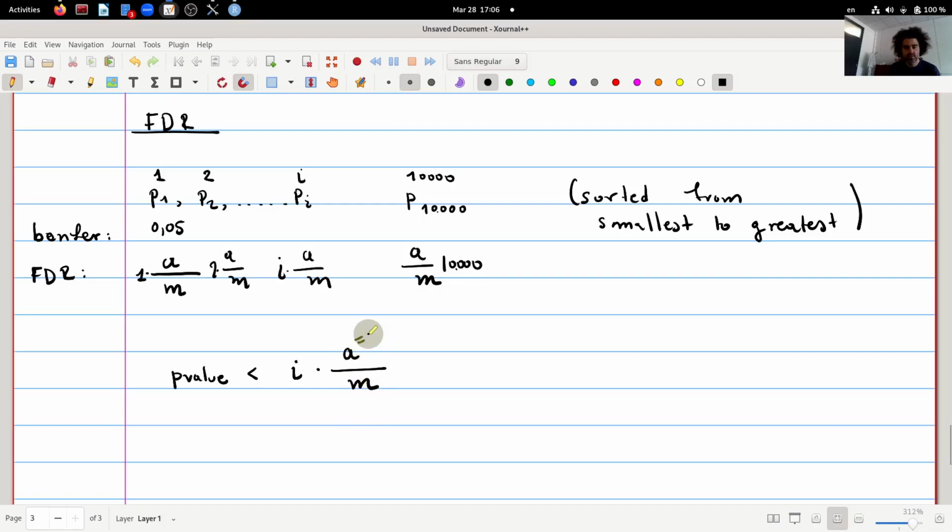So this is 0.05, this is 10,000 in our experiment, and this is the index of the p-value. And we reject all the null hypotheses for all the indexes until the greatest one that fulfills this requirement.